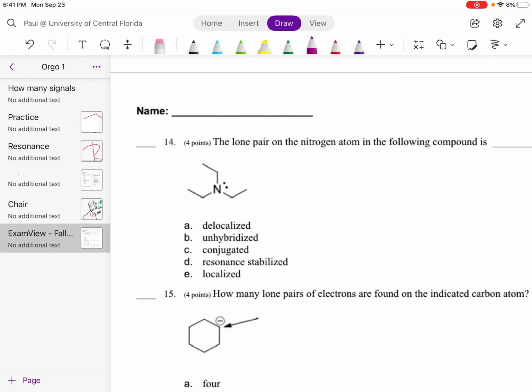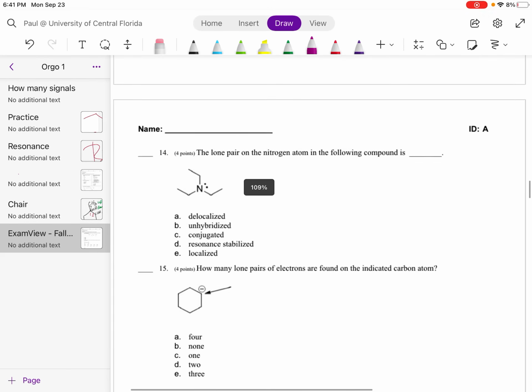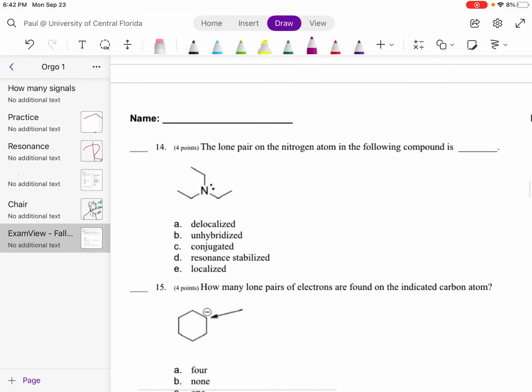The lone pair on the nitrogen atom in the following compound is... Can you draw a resonance structure for that lone pair on the nitrogen? If you can draw a resonance structure, then the lone pairs are delocalized.